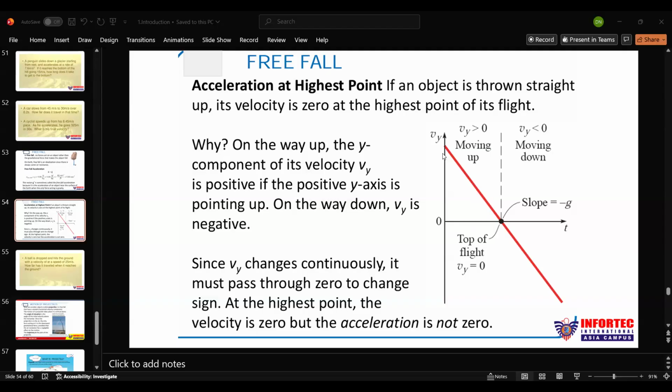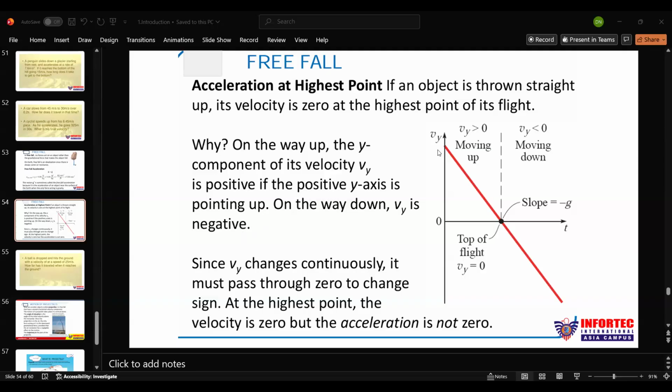You can see at the beginning, at time 0, there is some velocity. On the way up, the y component of its velocity, Vy, is positive. The positive y-axis is pointing up. On the way down, Vy is negative.